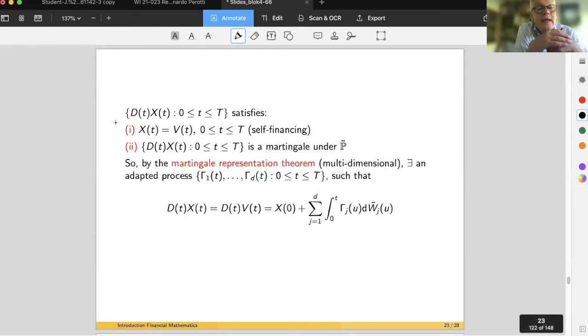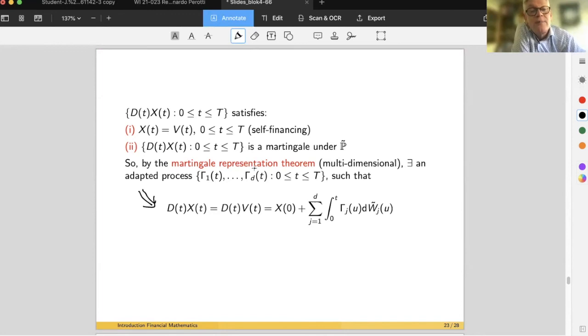And thirdly, and that is important, we can use the martingale representation theorem, the multidimensional version, to state that there is an adapted vector-valued process gamma, consisting of gamma_1(t) up to gamma_d(t) in the contract time again, such that the discounted portfolio process D(t)X(t), equal to the discounted option price D(t)V(t), is equal to X(0) plus the sum j from 1 to d of the integral from 0 to t of gamma_j(u) dW tilde_j(u).